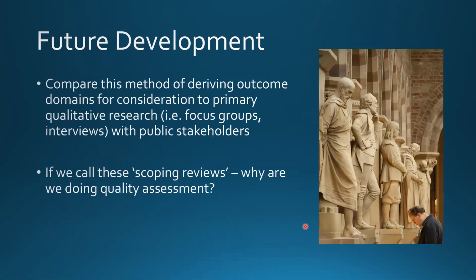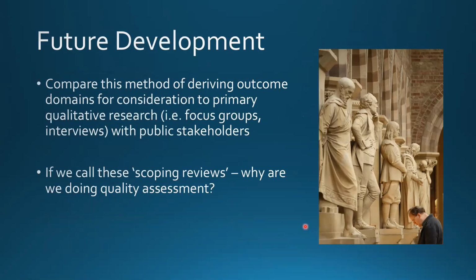In terms of future development, what I would like to see is to compare this method of deriving outcome domains for consideration against primary qualitative research. So if we do a systematic review of qualitative research, how does that compare to actually doing primary qualitative research like focus groups or interviews with public stakeholders?